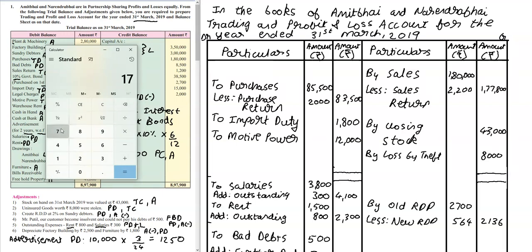We have 1,77,800 plus 43,000 plus 8,000, 2,28,800, which we can write on both the sides. Looking at the numbers you have here, 1,77,800, 43,000, compared to the numbers you have here, it's very clear that the credit side is heavier.